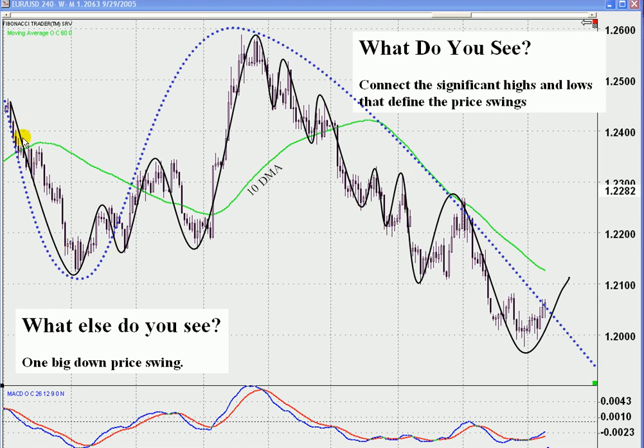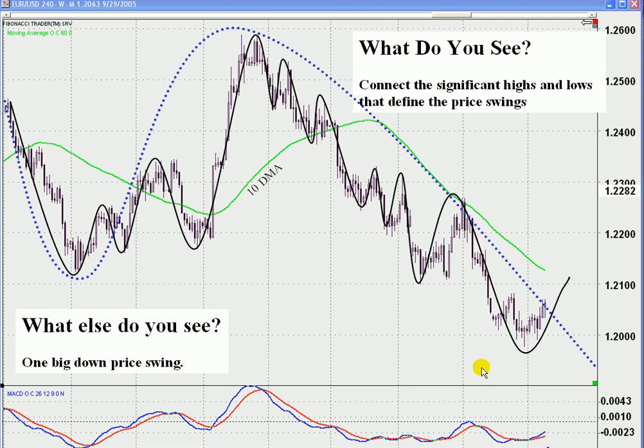We see small price swings making up this downtrend, small price swings making up the uptrend, and then of course smaller price swings are the constituents of the new downswing. We're in an overall downtrend, yet we still have price swings moving up and a rally in the overall downswing.